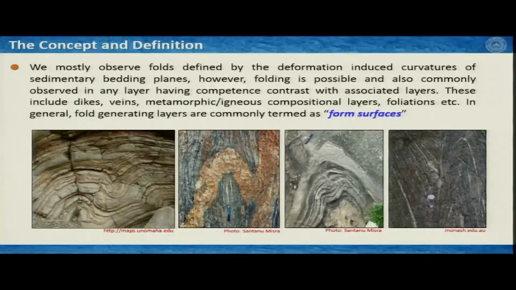You can see folds in an orogenic scale, and you can also see folds under a microscope, even under transmission electron microscopes, where the length of a fold is in nanometer scale. So, with this we try to understand what defines a fold in this particular slide.